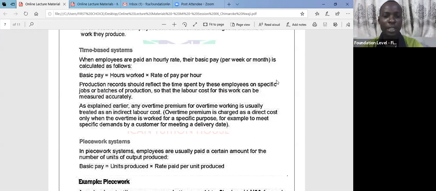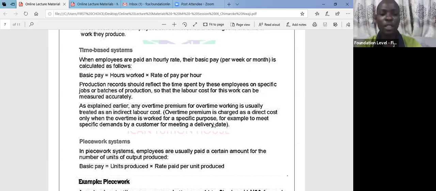So we see that when you hear overtime, you are talking about time-based system. And so any overtime should be treated in the way we explained. The basic part is treated as direct, and the overtime premium is treated as indirect labor costs.